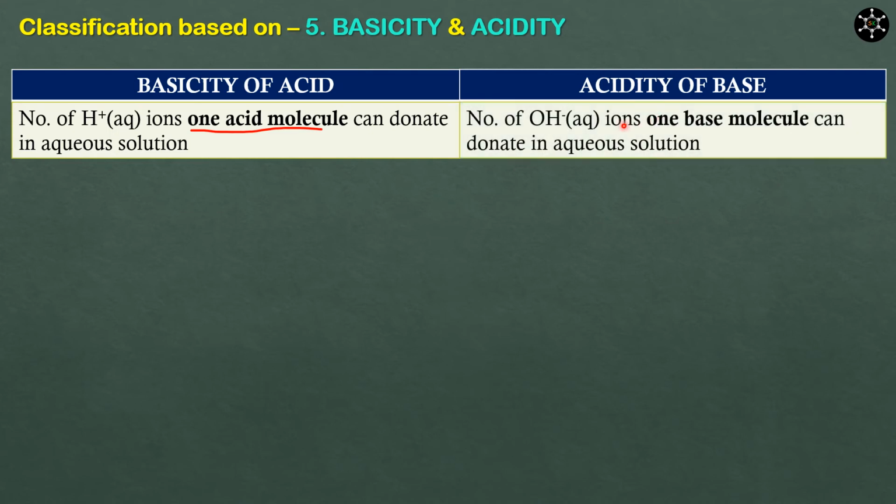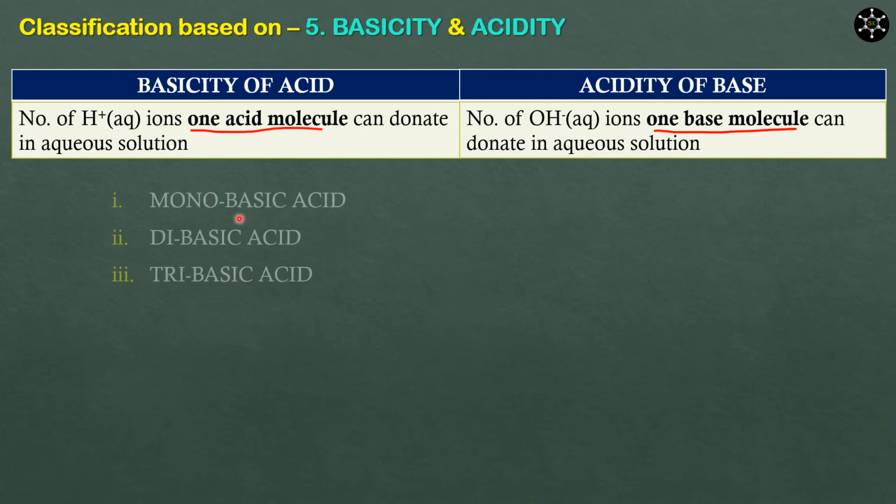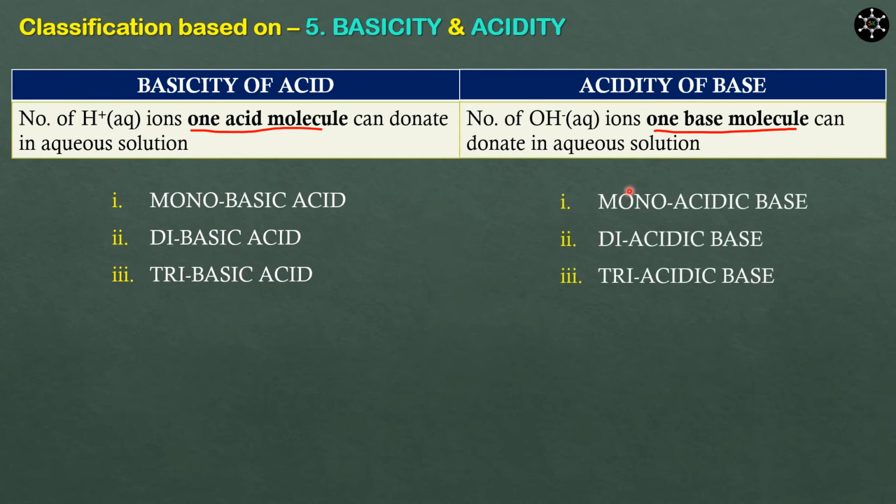Acidity of base means the number of OH- ions one base molecule can donate in aqueous solution. Based on basicity and acidity, we have a few more classifications. Under basicity of acid: monobasic acid, dibasic acid, tribasic acid. Similarly, under acidity of base, we have monoacidic base, diacidic base, and triacidic base.